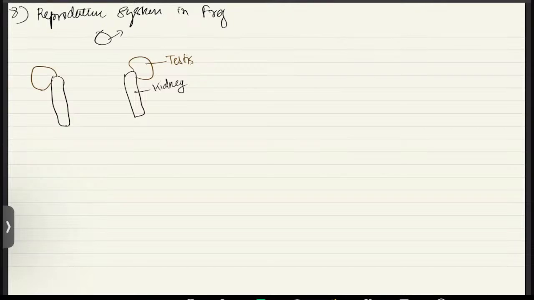And now the testis and the kidney are connected by what? The testis has some sort of tubules emerging which go into the kidney's tubules. These are called vasa efferentia. They will carry your sperms and whatnot from the testis to the kidney.